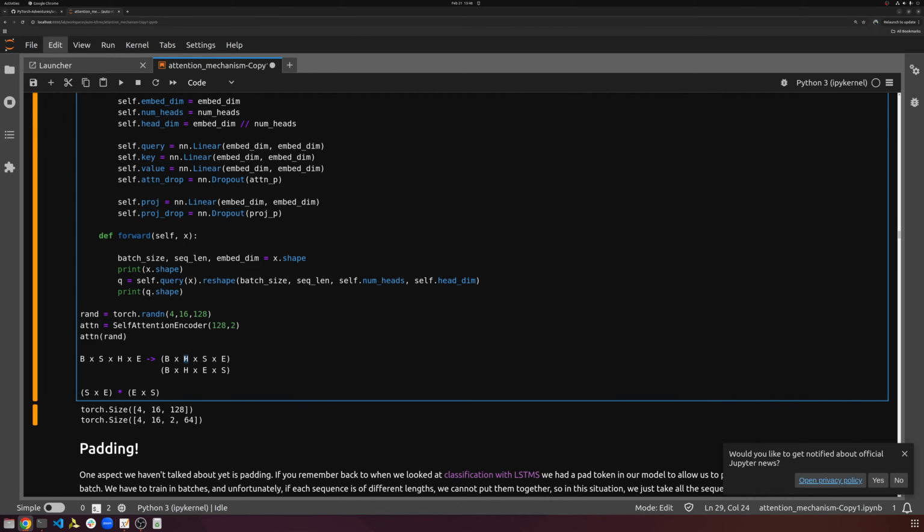We want to take this head dimension here and move it out in front, exposing our sequence by embedding dim. So the way to interpret this now is, instead of I have a batch size of this, each sample is this length, we have this many heads and this many embed dim for each of those heads. We instead think of it, okay, I have this many samples. For each sample, I've split it into this many heads of attention. And then each head has a sequence by embedding dim thing in it, right?